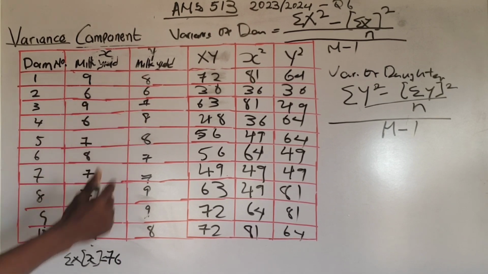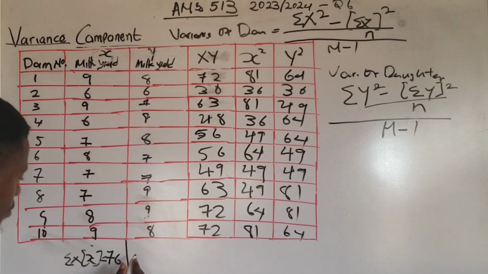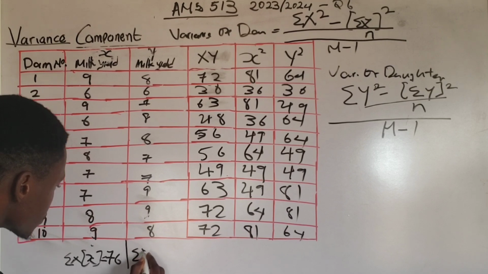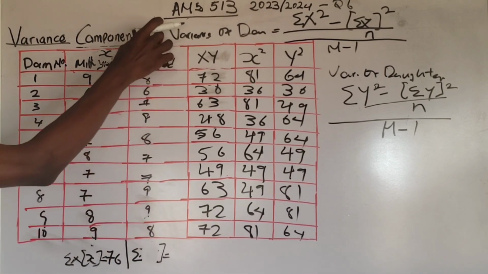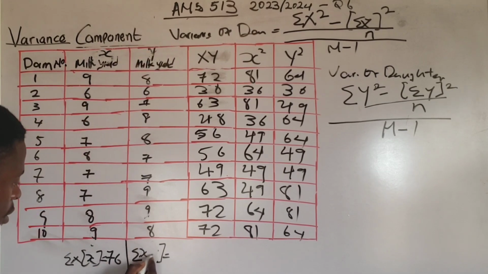So we will come here as well. Summation y. Sorry, the x, the y is the daughter. Why do we have summation x and summation y?